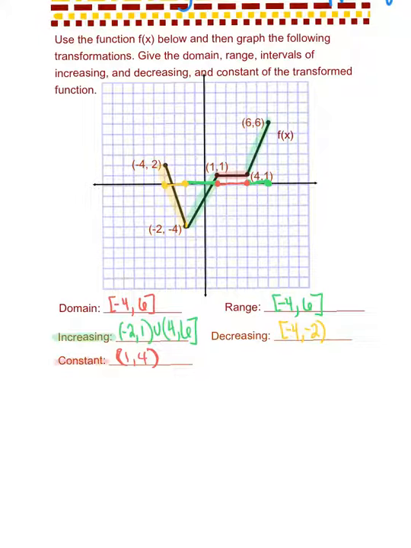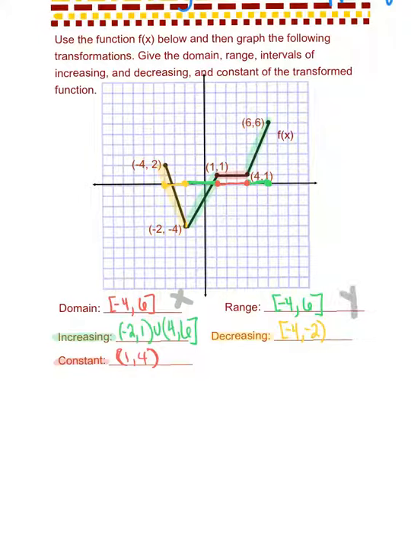So again, let me make sure I'm color coordinating this as I go so you can hopefully see how these intervals are created. It's important to outline that the domain is the x values that get hit. The range is the y values that get hit.